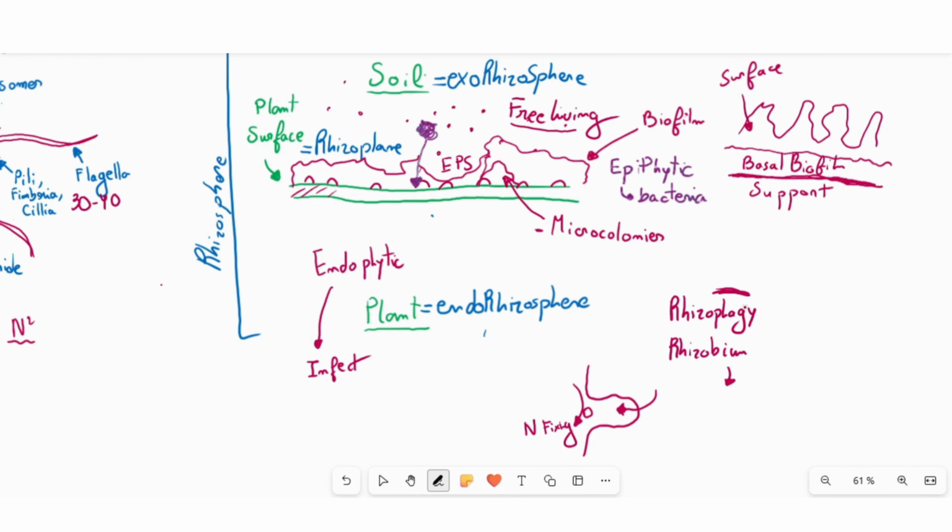But rhizophagy is basically when the plant absorbs the bacteria. And the reason why I'm saying this is because, based on my knowledge and research, they require different genetic material, and this is the distinction between them. There are a lot of other elements, but we're going to focus on the rhizobium.